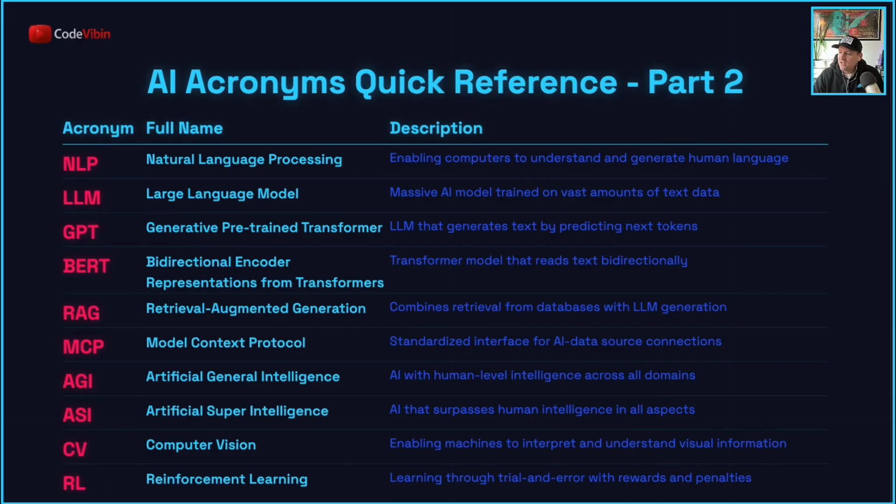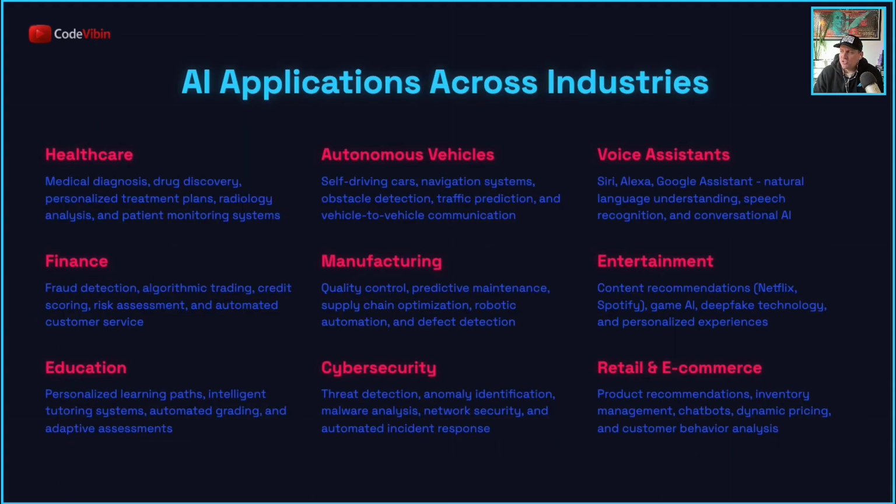And then computer vision, CV, enabling machines to interpret and understand visual information, and RL, reinforcement learning, learning through trial and error with rewards and penalties. AI applications across healthcare, autonomous vehicles, voice assistants, finance, manufacturing, entertainment, education, cybersecurity, retail, and e-commerce. These are probably the major industries that you're going to see this in.